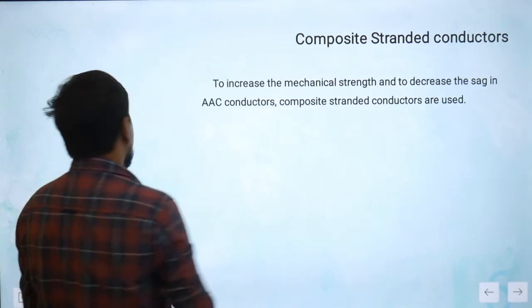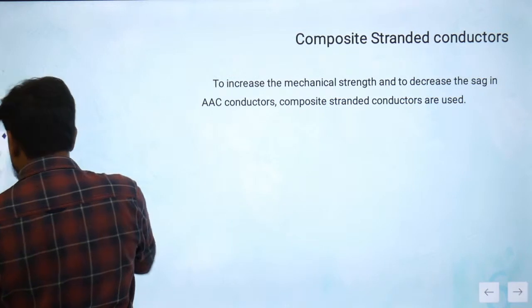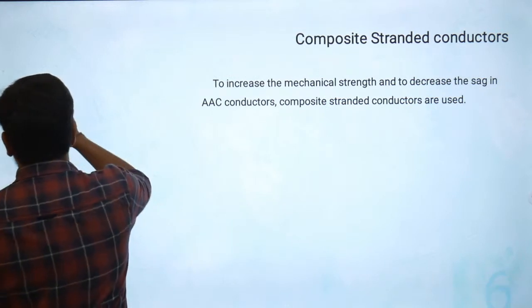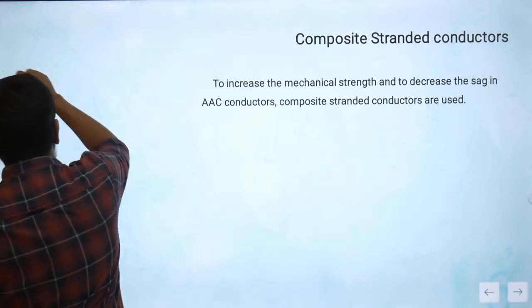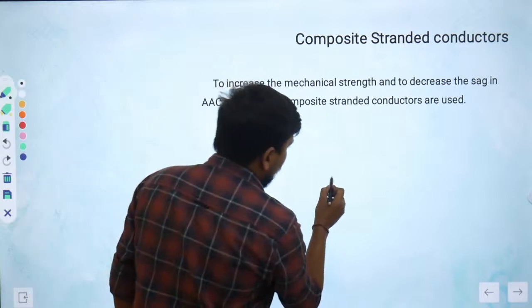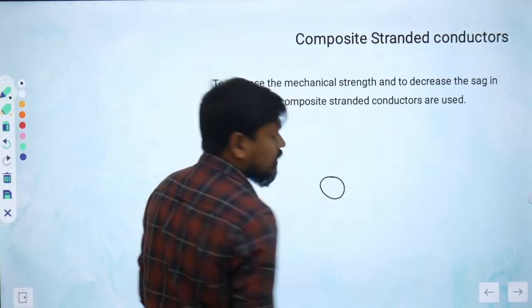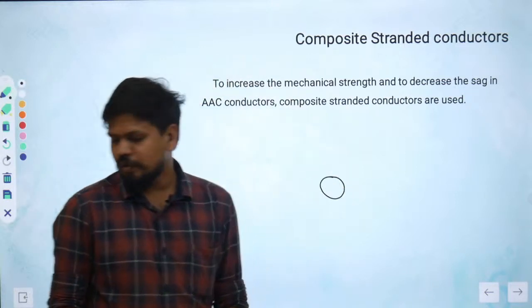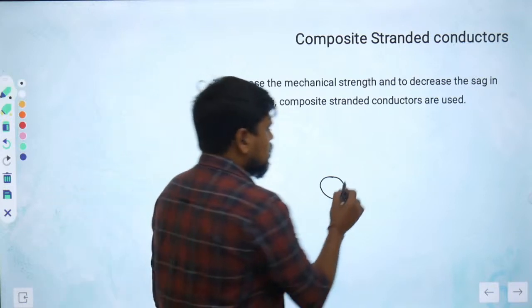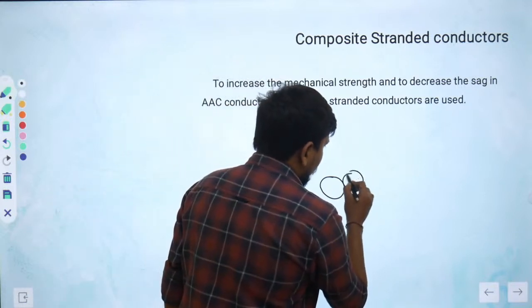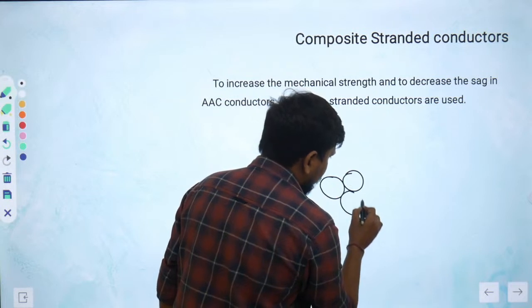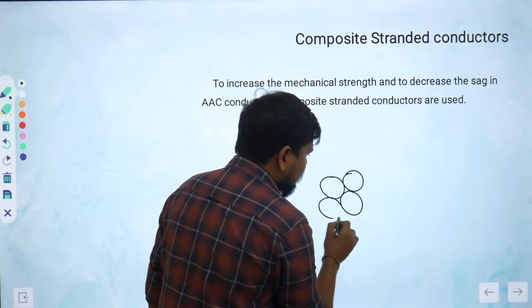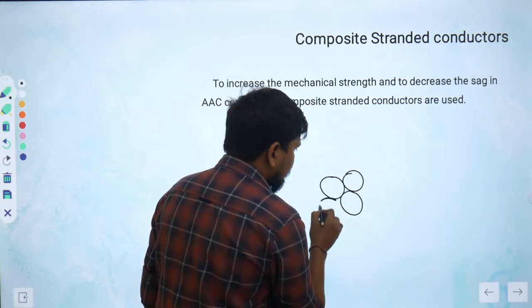Different strand means, you can observe the same type of smaller conductors we are using, but whatever we have already discussed some time before, inside one we will be using high strength material.